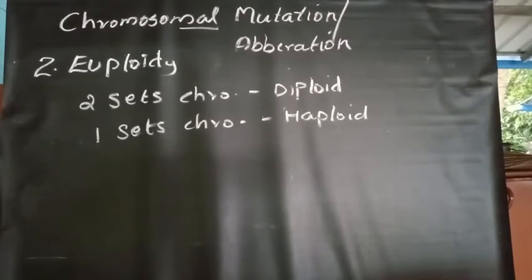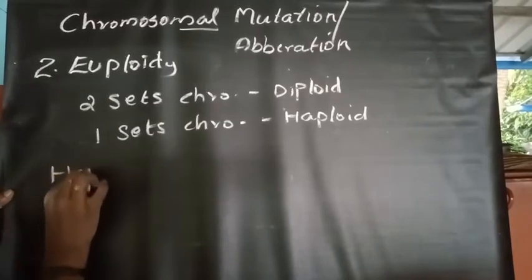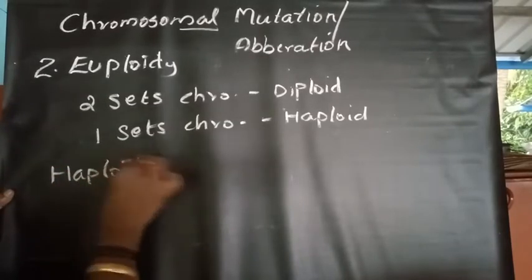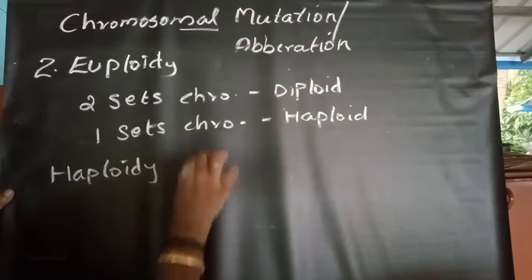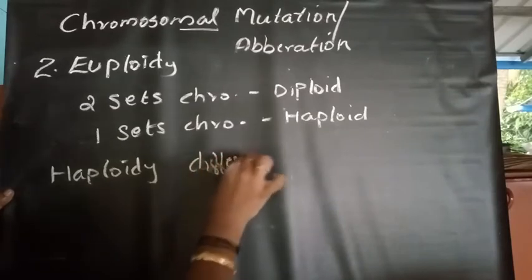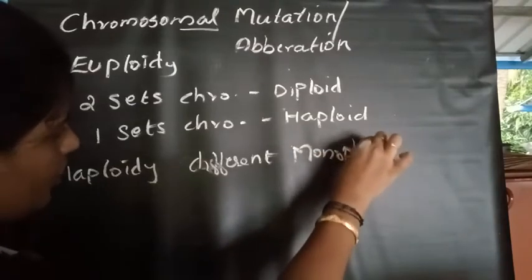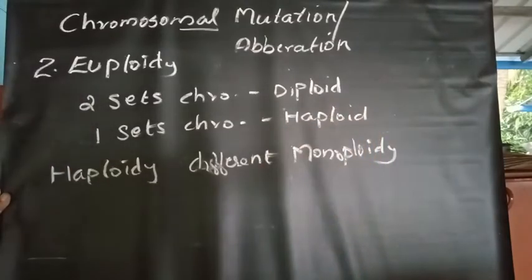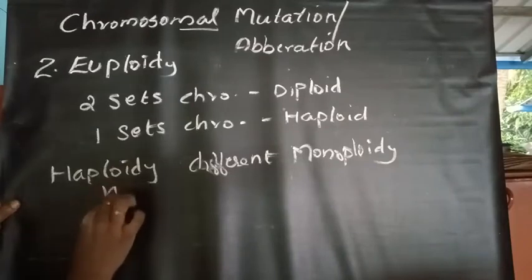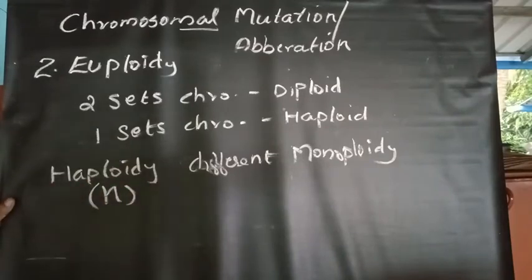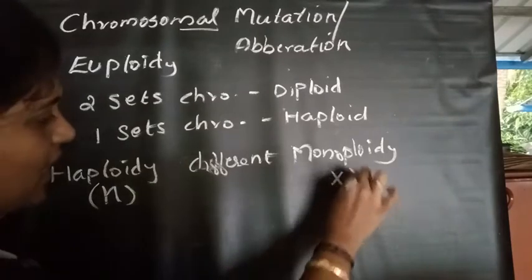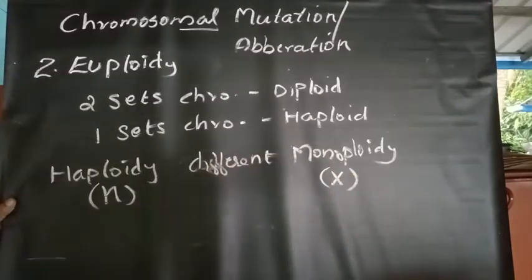You should note that haploidy is different from monoploidy. Haploidy we represent as n, but monoploidy we represent as x. Clear?